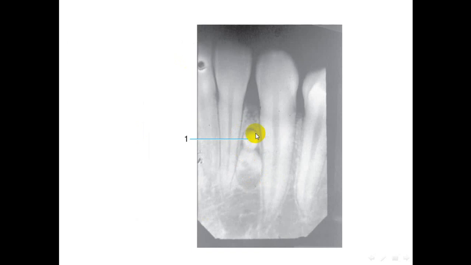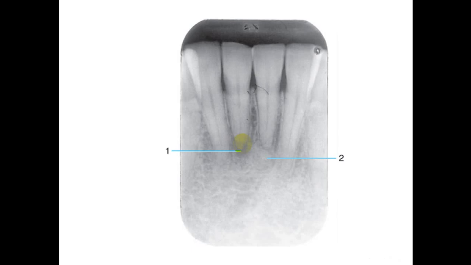Here, this is an odontoma, which consists of small misshapen teeth located within a radiolucent fibrous capsule. We can differentiate it because an odontoma has a radiolucent capsule, while sclerosing or condensing bone is fused with the neighboring tooth.